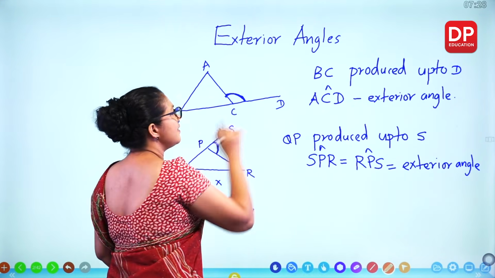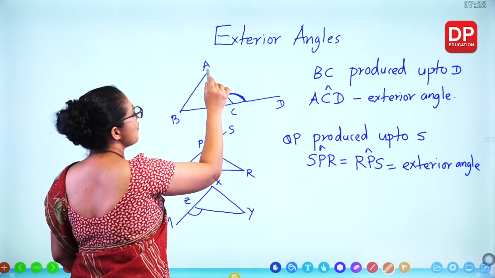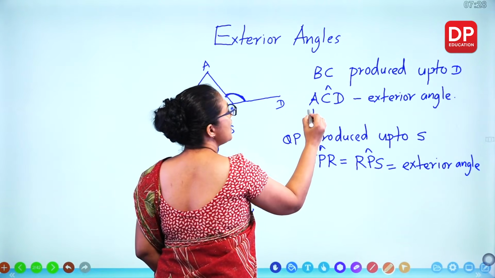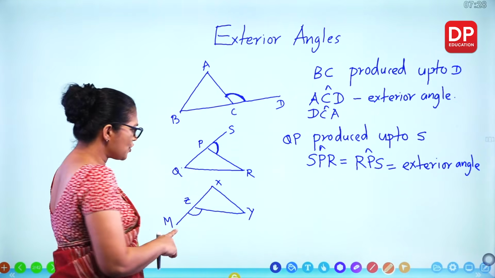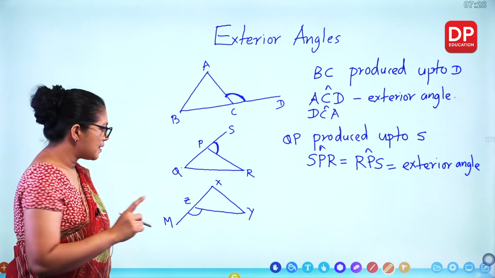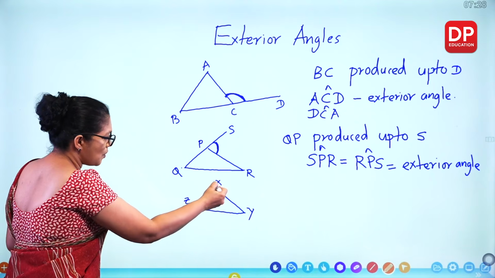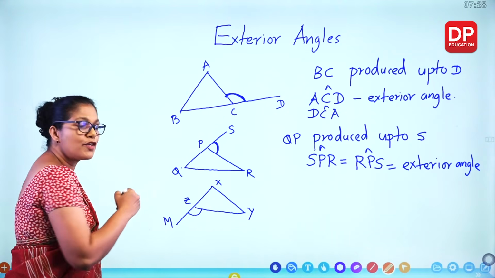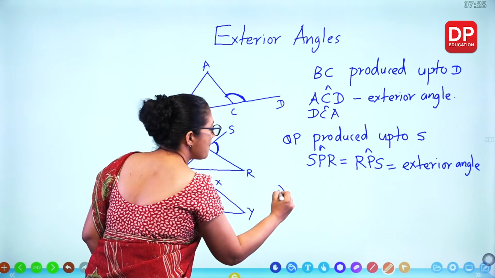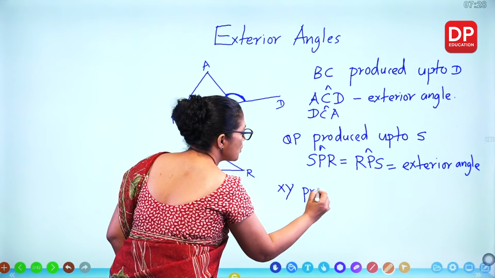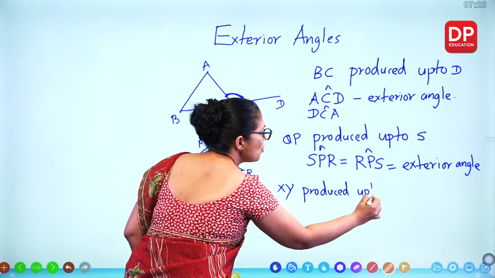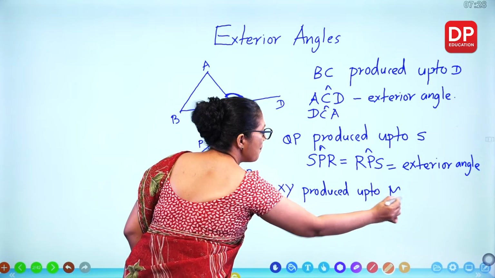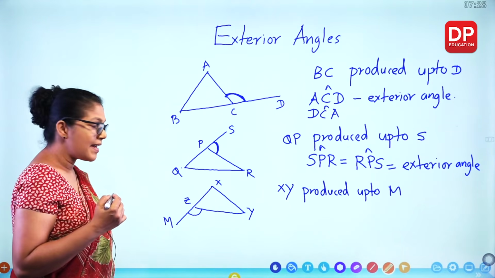Here in this one I can write instead of ACD, DCA as well. Same angle. What about this triangle? Which one is produced up to this point? XY line produced up to M. XY produced up to M. Then what's the exterior angle?